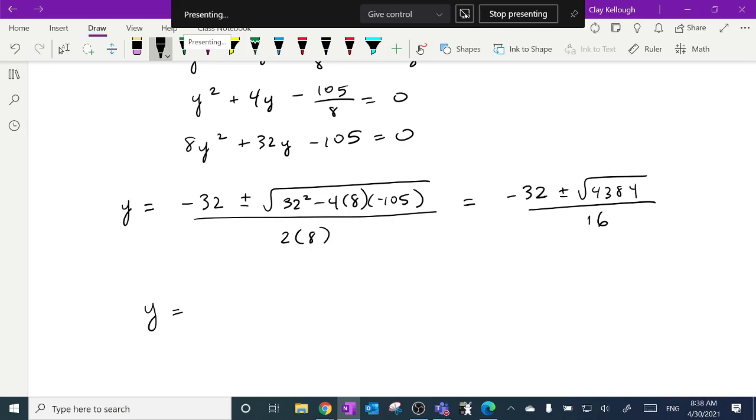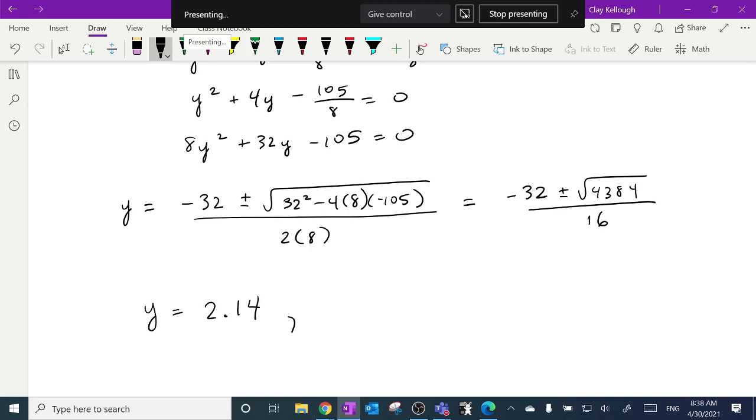So my two values for y are negative 32 plus 4384 square rooted, and then divide that by 16. So y is, I'm getting 2.14, I said two decimal places, didn't I? 2.14.